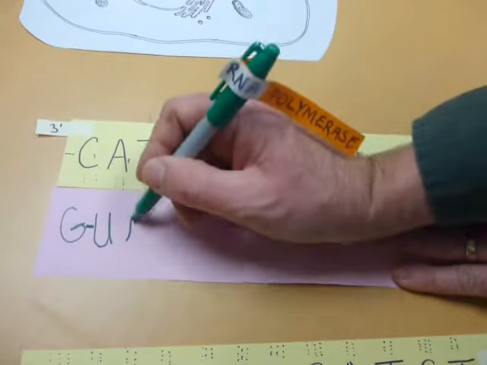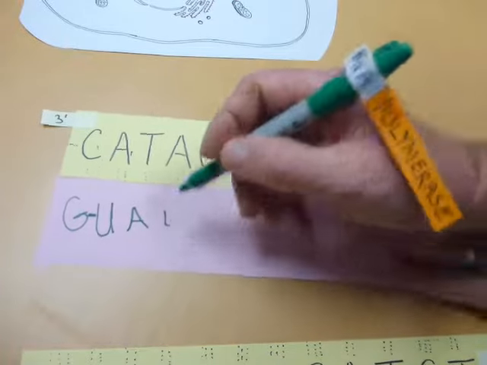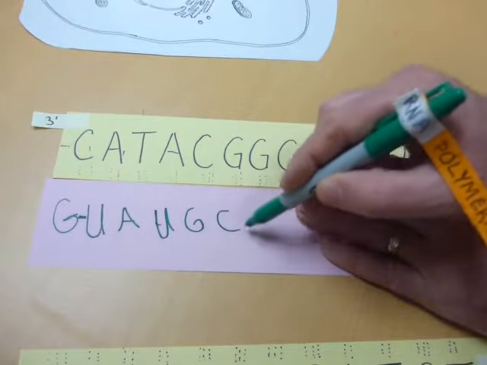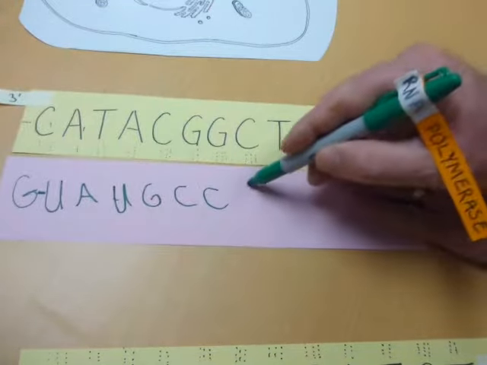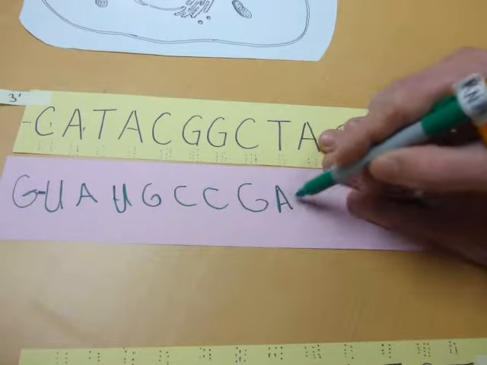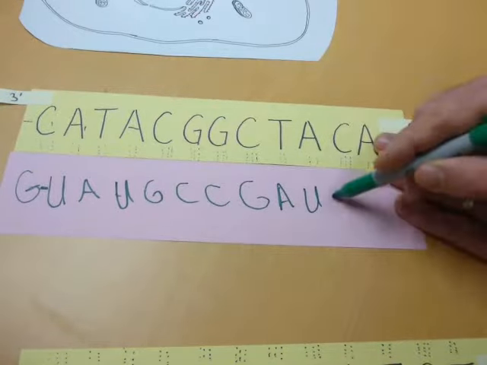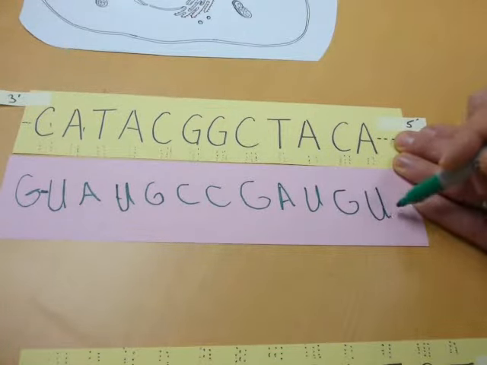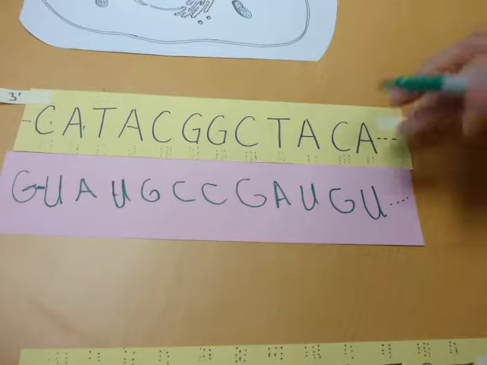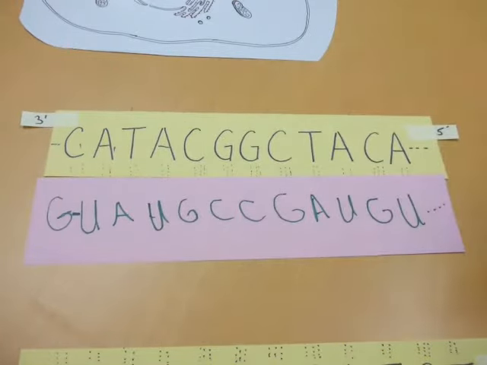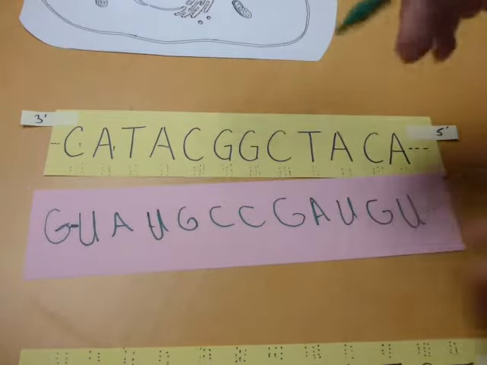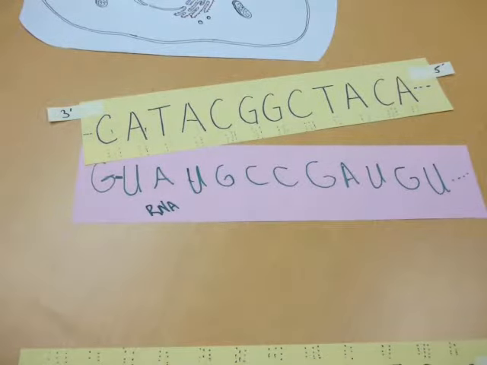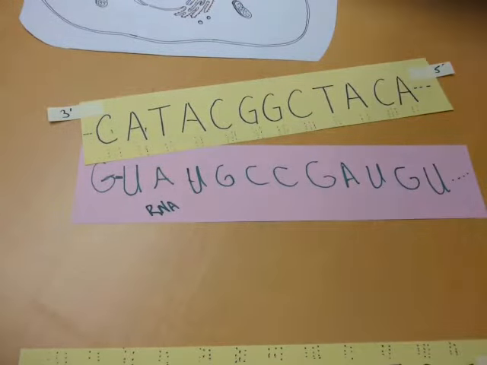Complementary to T, we have A, U, G, C, C, G, A, U. So pretty simple process overall, and this would keep going and going probably for a couple hundred nucleotides at least. And now we have our piece of RNA. There's a couple of different RNA types we could make.